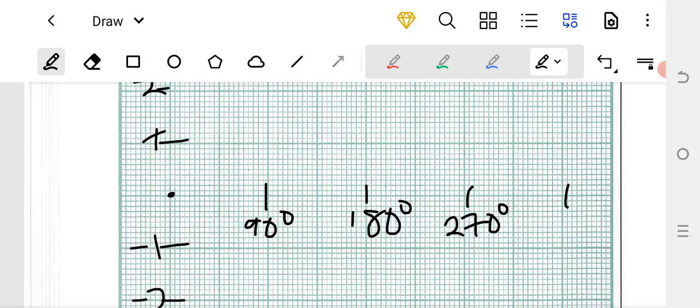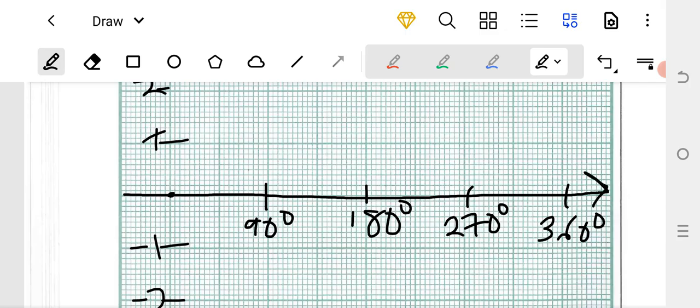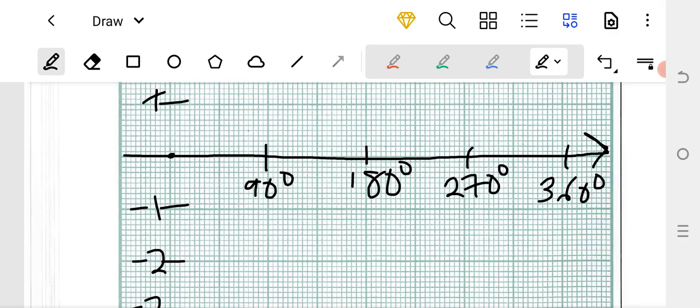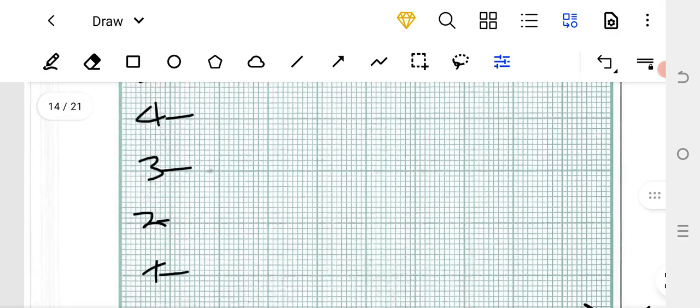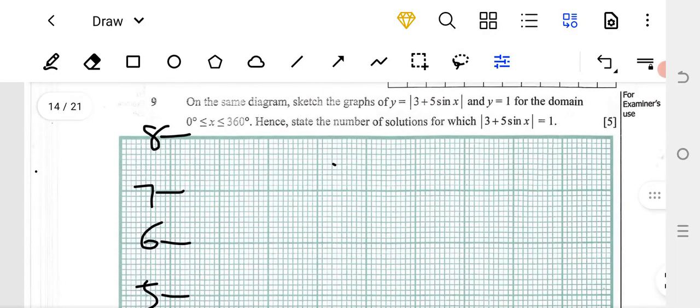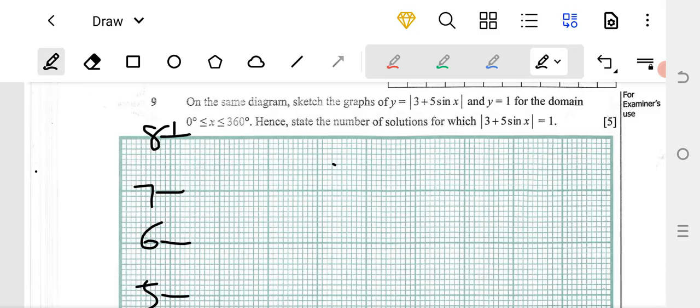Then here we'll say 360 degrees. And then we draw a line joining these. We'll call that our x-axis. We draw a line joining this. Put an arrow there, it's going to be our y-axis.